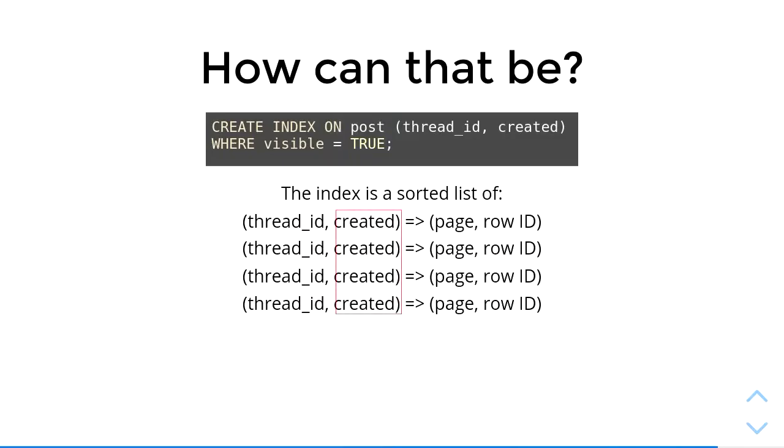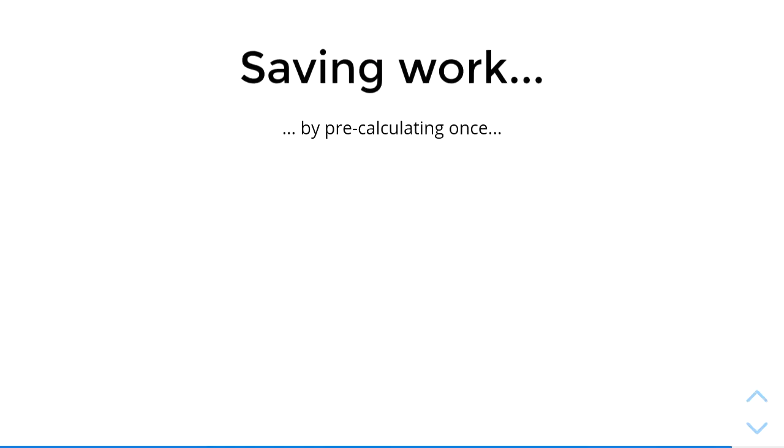So it's already done the work of sorting the created values, grouped by the thread ID. Save work by doing it once. When you insert the record, figure out what order it would be, save that in the index. The index does this for us. Saving work by pre-calculating our data, we can do in other ways.